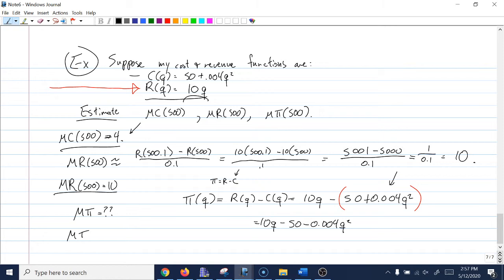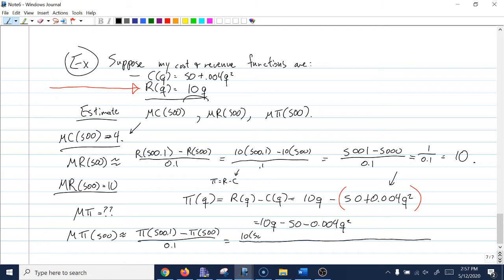So marginal profit of 500 is about profit of, let's use 500.1, minus profit of 500, divided by 0.1. How do I plug 500.1 into this?